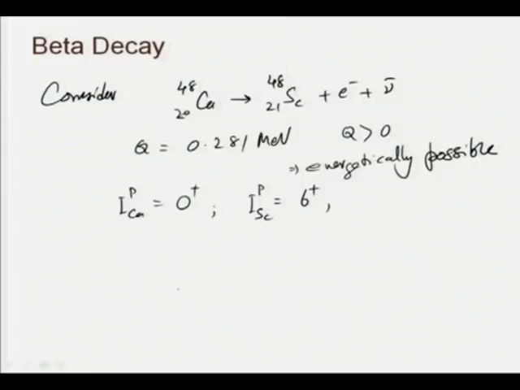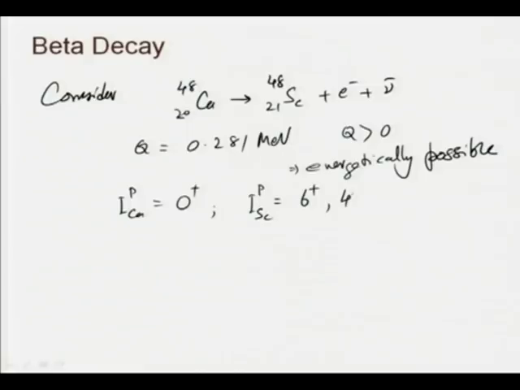And if you consider the excited states where it is still possible to have a positive Q value, it is still 4 plus and 5 plus, the first few excited states. So, for all of these, delta I is 6 for the ground state, and 4 and 5 for the excited states.